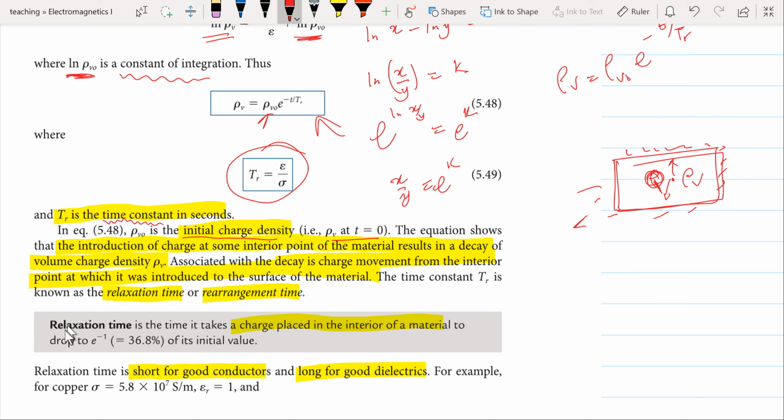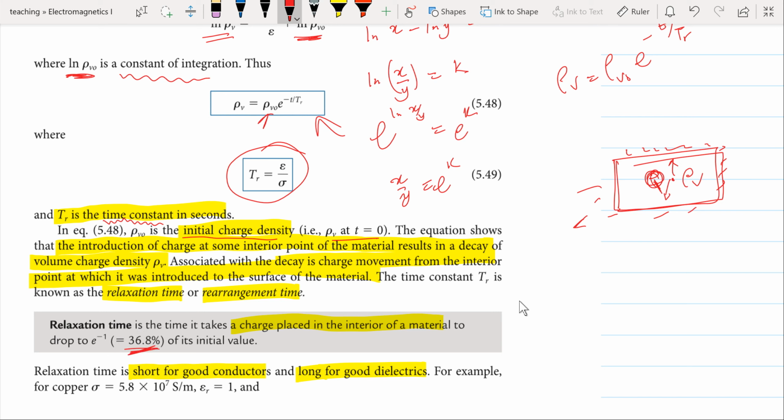The relaxation time is the time it takes for a charge placed in the interior of a material to drop to e to the minus 1, which is the reciprocal of the natural number.